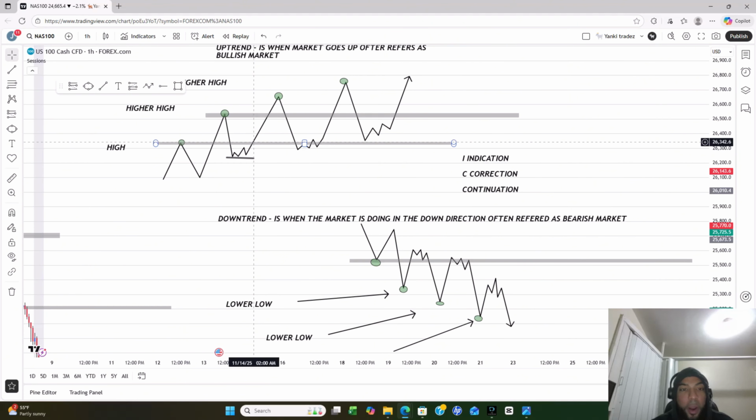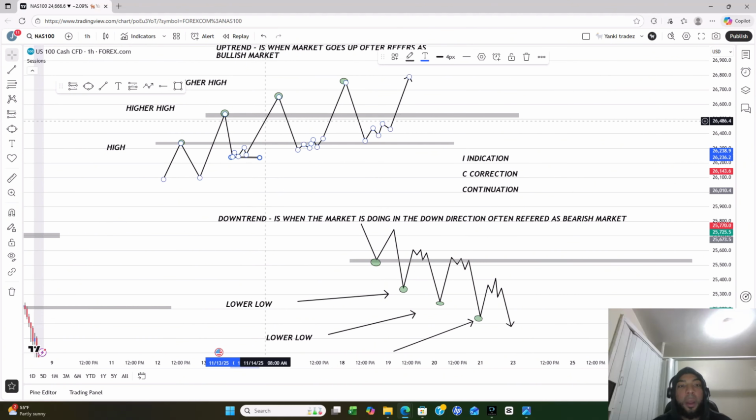Boom. Once the candle closes, we place our stop loss below the bullish structure that we see over here, and that's when we target the high. We place our stop loss here, because everybody is getting a stop loss.